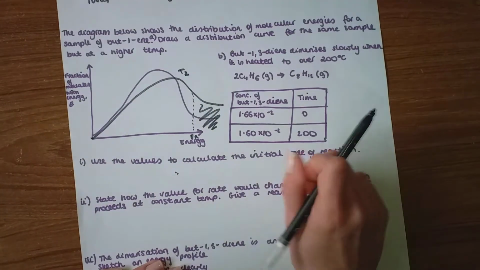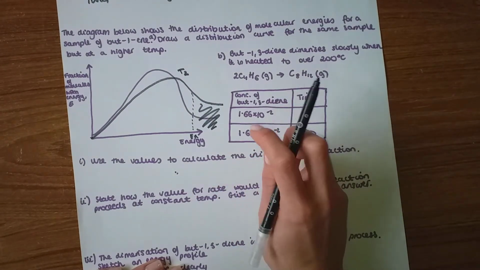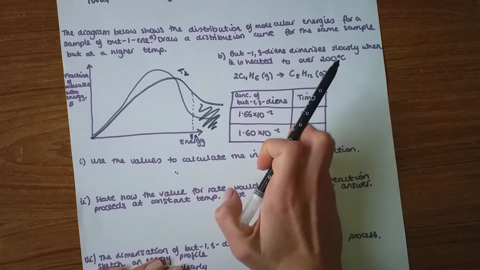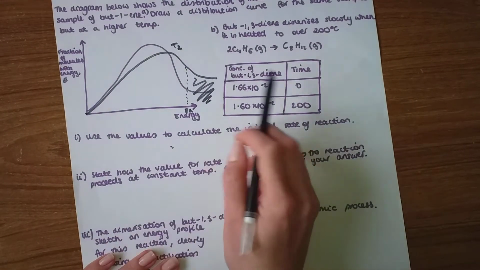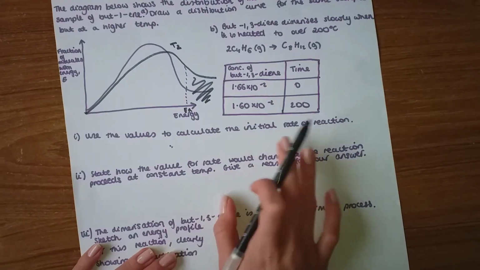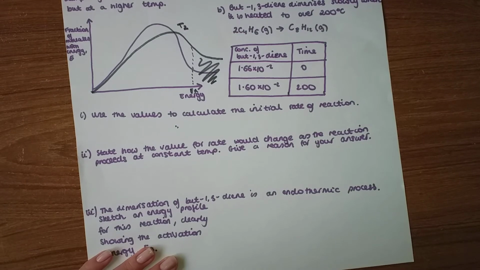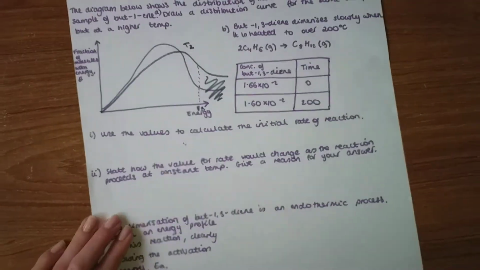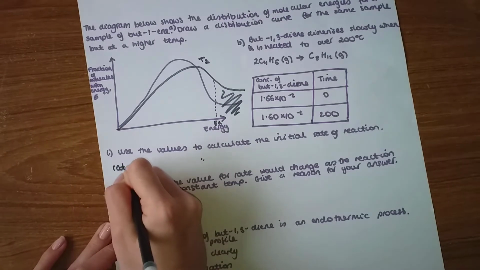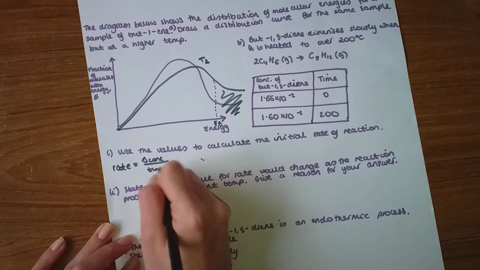So part B. But-1,3-diene dimerizes slowly when it is heated to over 200 degrees Celsius. Use these values to calculate the initial rate of reaction. As you probably know, our rate is the change in concentration over time.